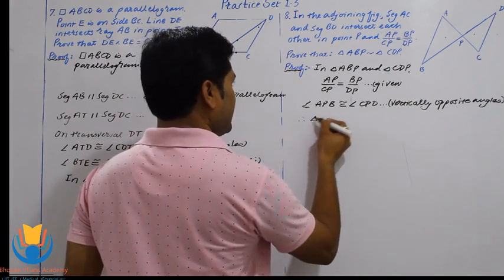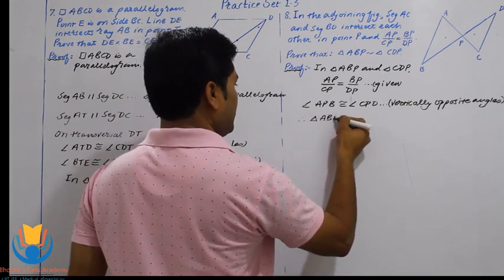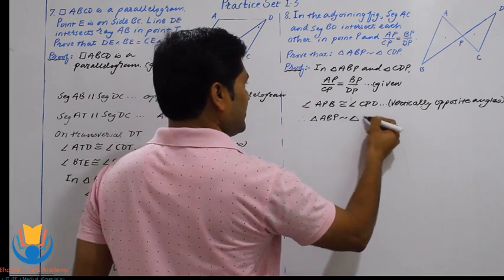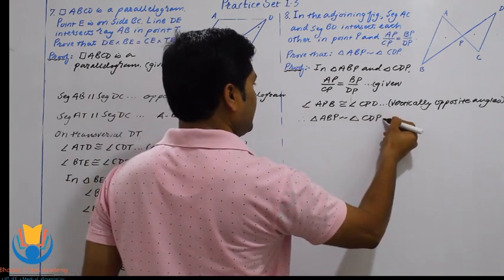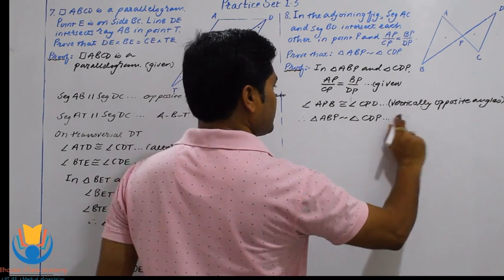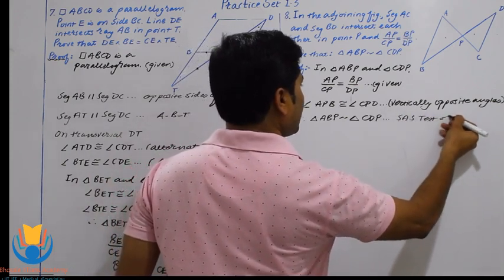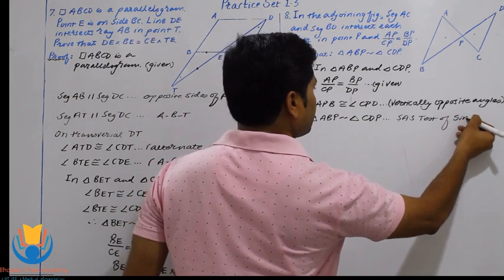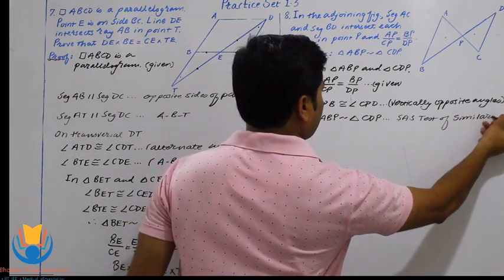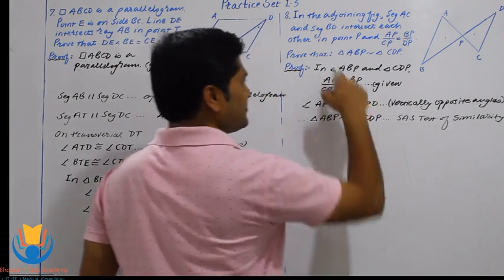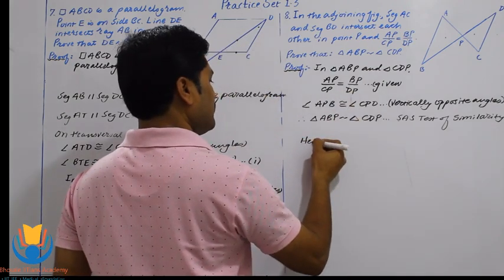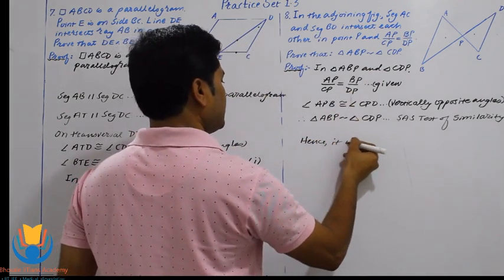So therefore we will write triangle ABP is similar to triangle CDP. So here we used the side angle side test of similarity. So that is the thing that we wanted to prove. So here we will write hence it is proved.